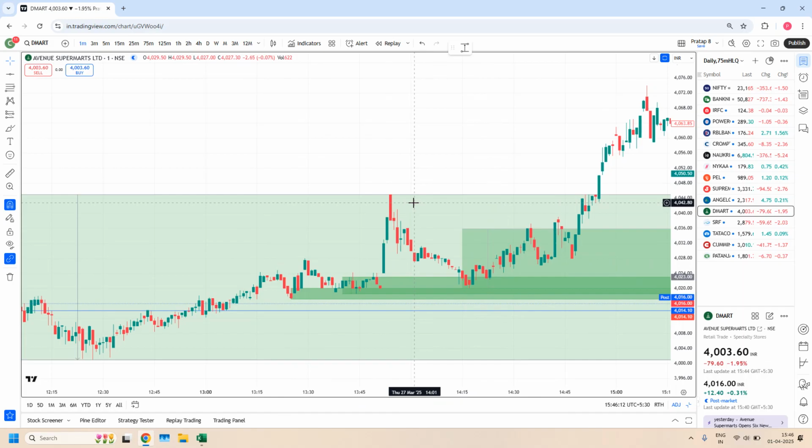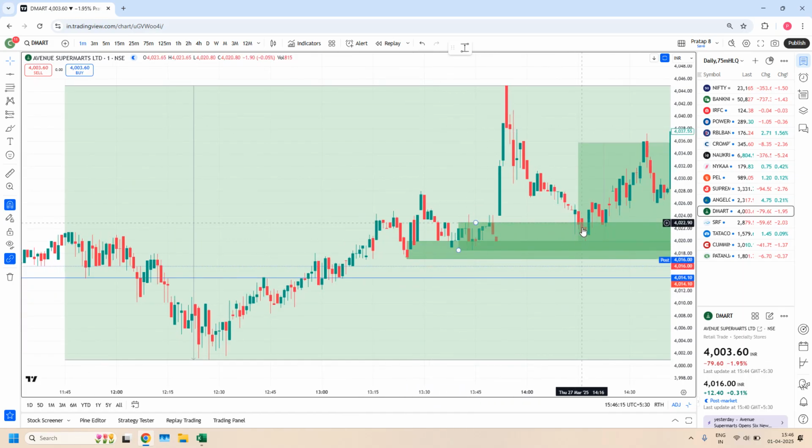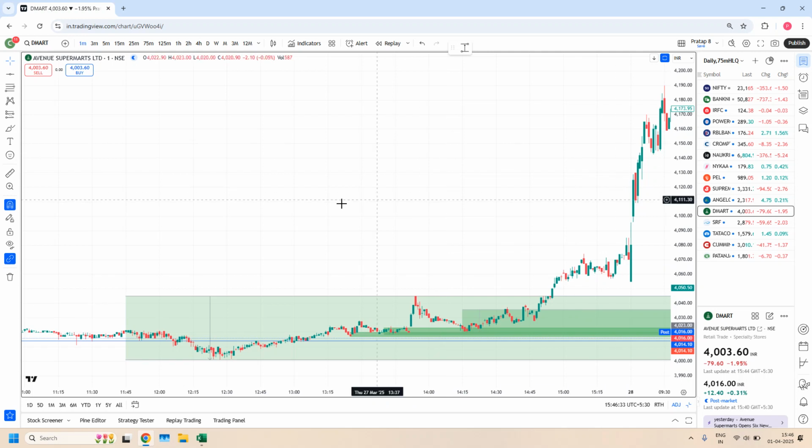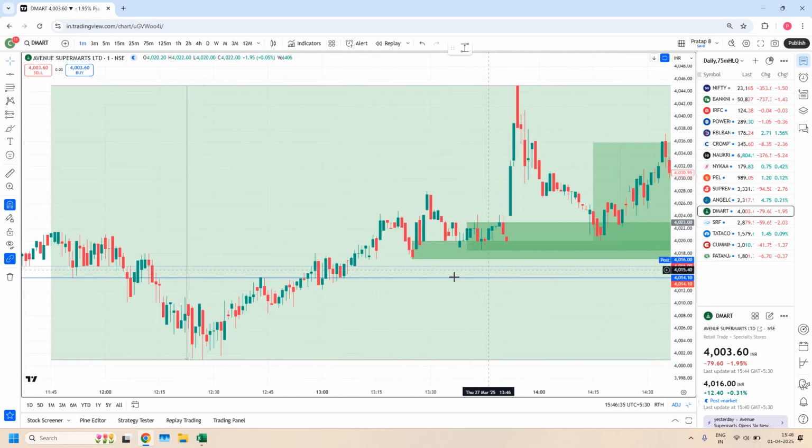But in the previous example, what you have seen, it is not like that. The orders were picked up from the 5-minute zone, but the 5-minute zone again having a 1-minute horizon, price did not reach that 1-minute horizon in the previous example. But in this example, price reached the 1-minute horizon, picked up the orders, and then price started moving up. So that's why I am saying 1 minute is the real horizon.